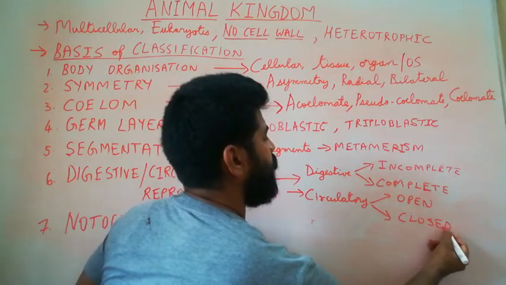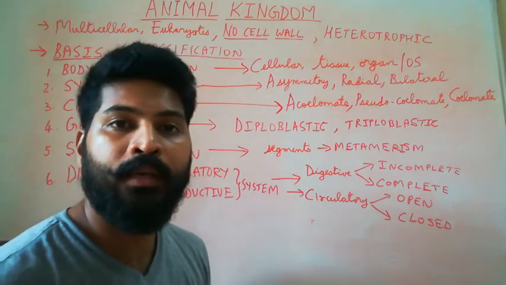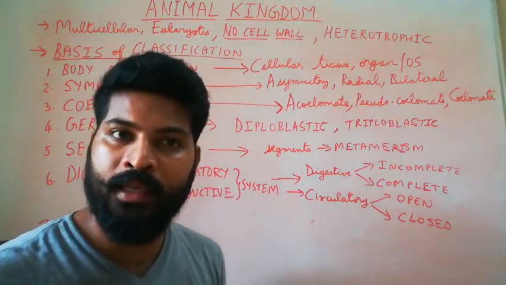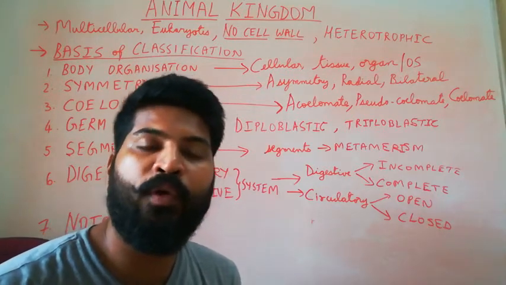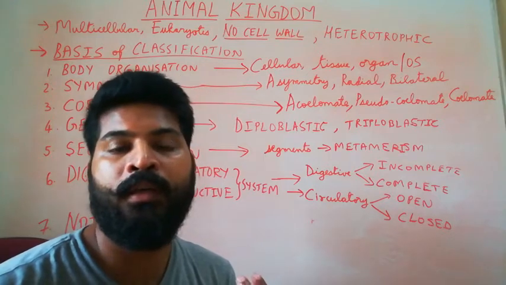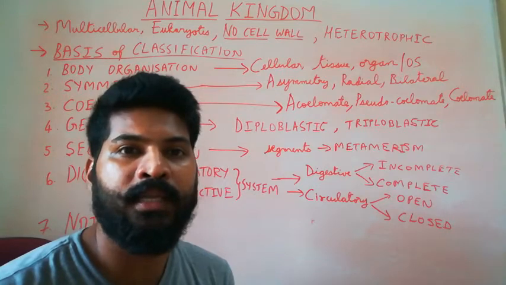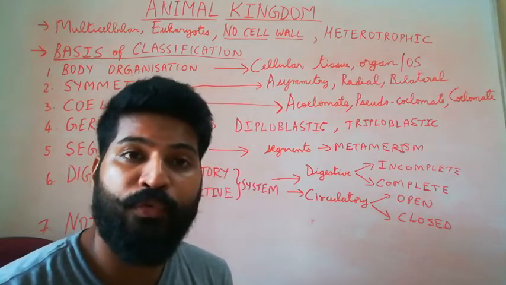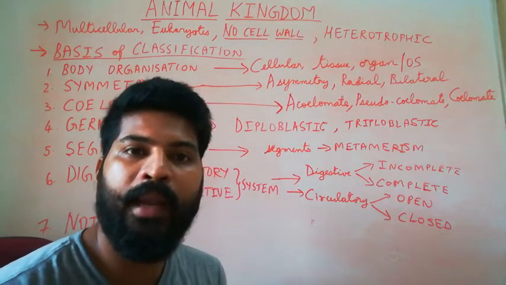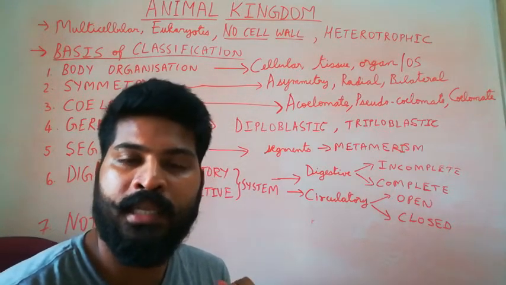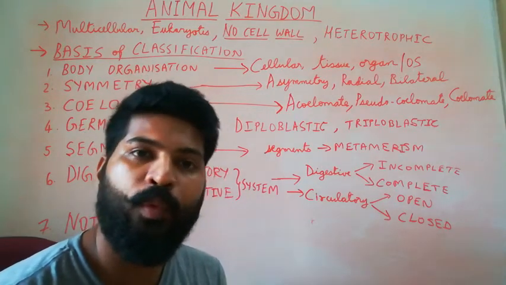Similarly, with regards to the circulatory system, certain groups of animals have what is called as open type of circulatory system. Circulatory system is the one that is responsible for transport of the blood mostly, or some other components such as oxygen, food, water, etc. In animals, blood is the medium through which all these essential substances are transported from one part of the body to another.